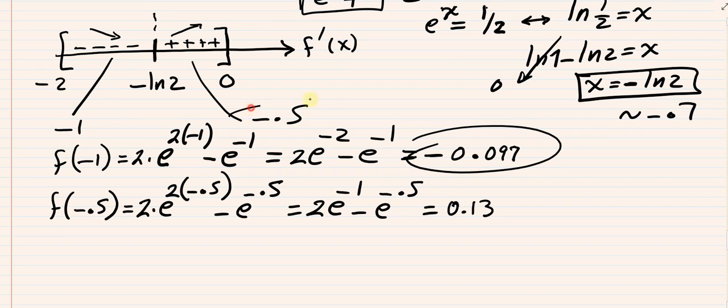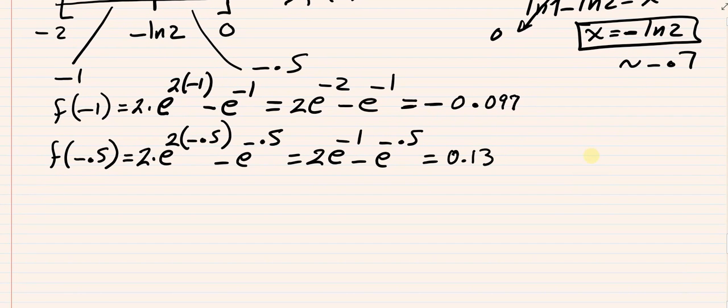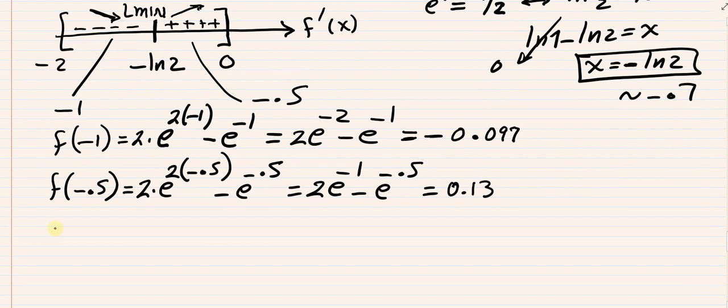My test point -0.5 yielded a positive number, so I have positive signs from negative natural log of 2 to 0, which means the derivative is negative, the function is decreasing, then at negative ln of 2 it switches to increasing. Therefore, at negative ln of 2 there is a local min. And I also have to verify the endpoint extrema.